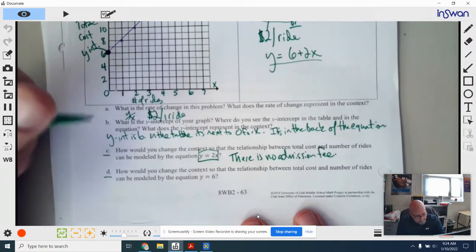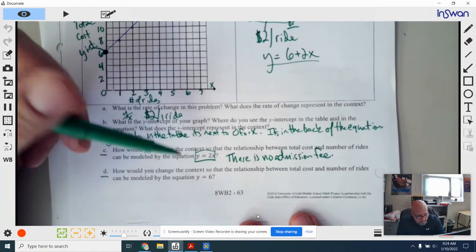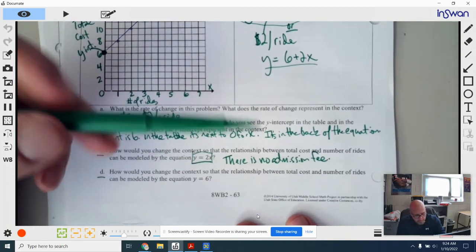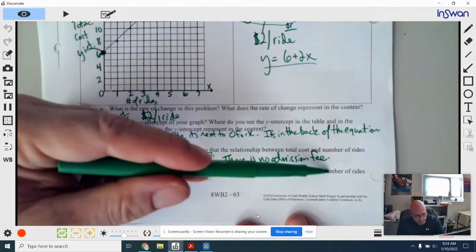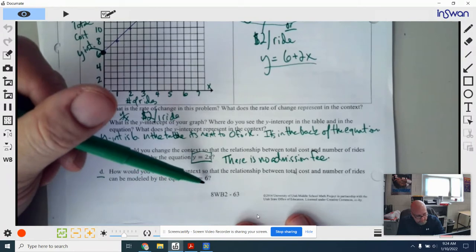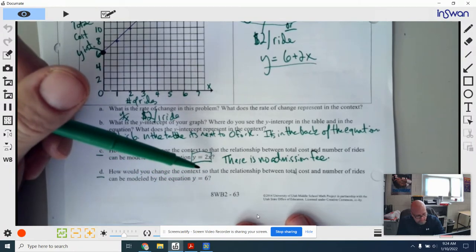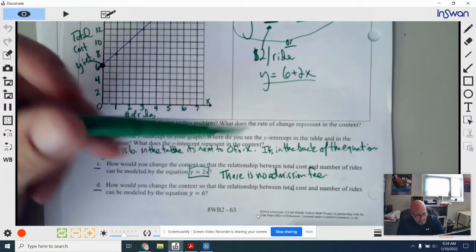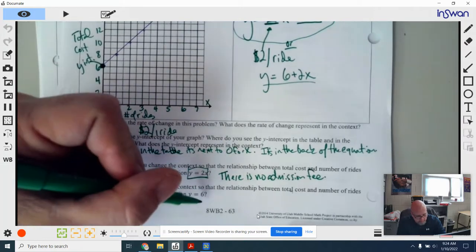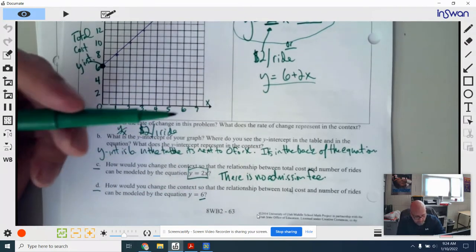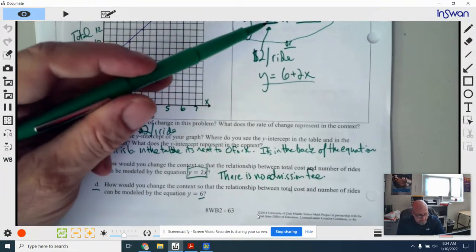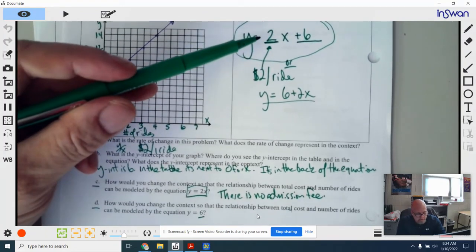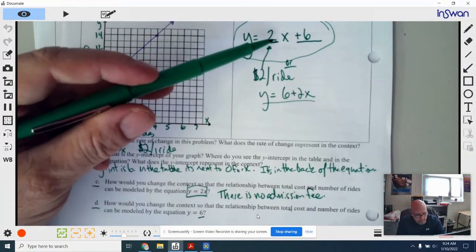Letter D. How would you change the context? Again, how would you change the story so the relationship between total cost and number of rides can be modeled by the equation y equals 6? Well, this one, they don't give you an x or anything. They just give you that 6, which, remember, that's our starting point. And the x and that 2 represented the cost per ride.